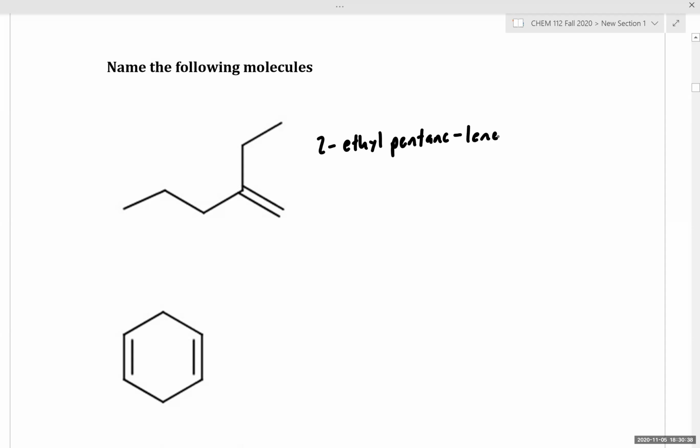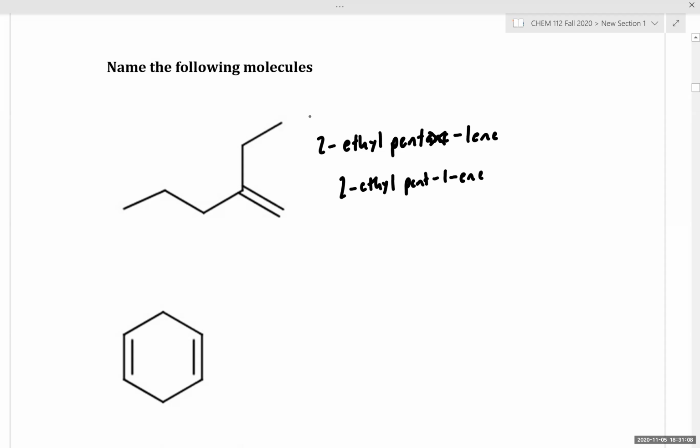So when you're naming an alkene, you can just get rid of the ane suffix and just name it as 2-ethyl pent 1-ene. Where because it's an alkene, it now has the ene suffix. So that's one proposed name that we have.